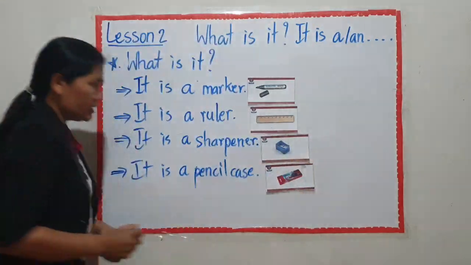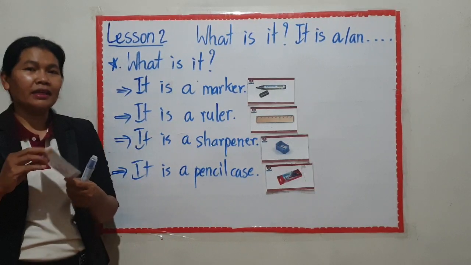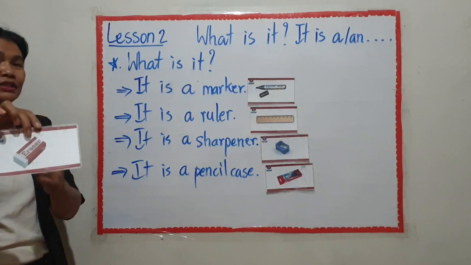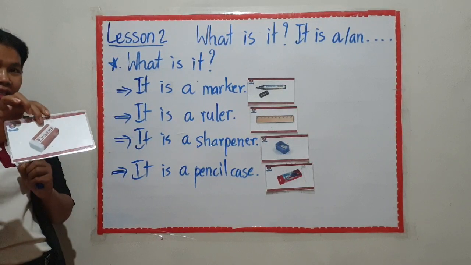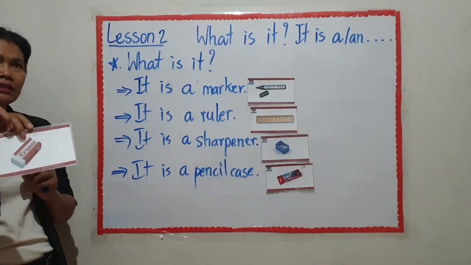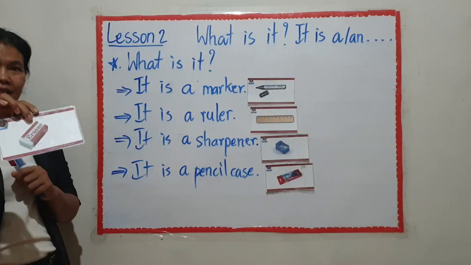So now one more. Teacher has one more picture here. Everyone, look at this one. Okay, what is it? Did you know this? You always use this one to erase your mistake, right? When you write with the pencil and you make a mistake, you want to erase it. What is it?